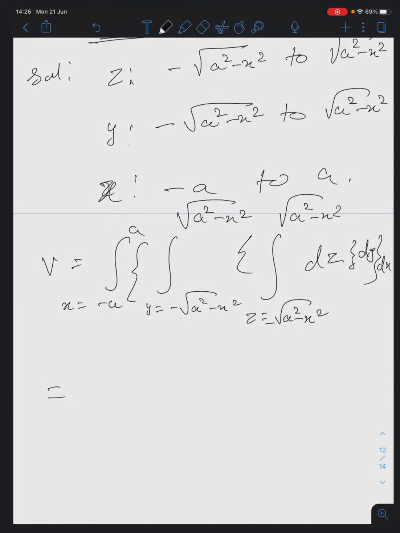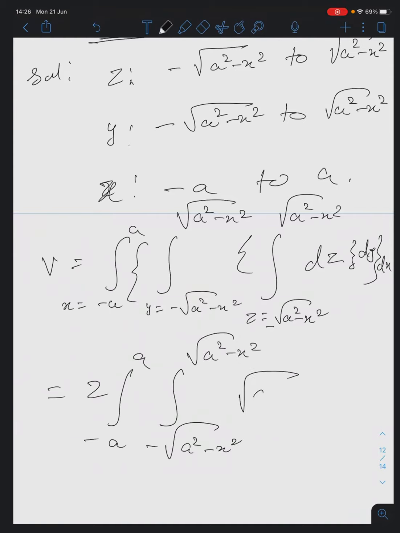So if you integrate, again you will get z for this one, upper and lower limits you substitute, minus and minus will be plus, so you will get 2 times the integral from minus a to plus a, minus root over of a square minus x square to root over of a square minus x square, and this is just root over of a square minus x square dy dx.